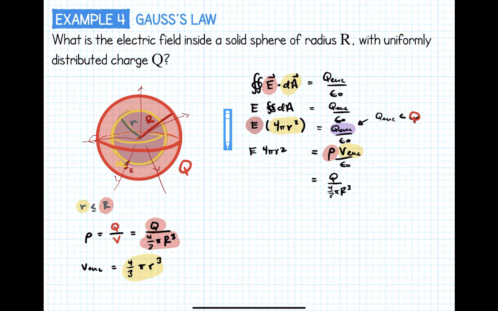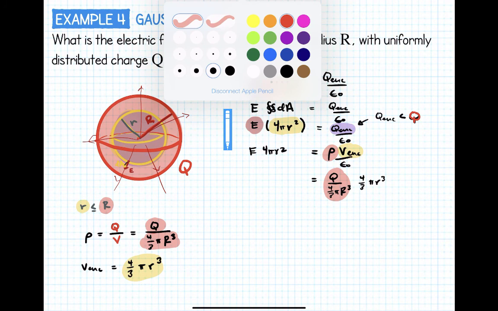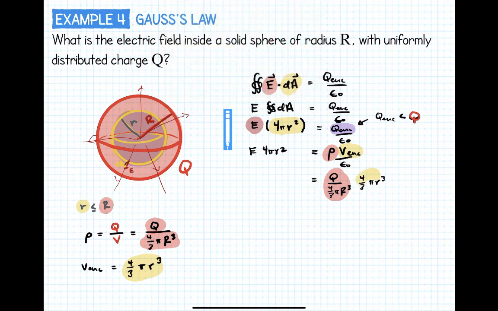And then we multiply that by 4/3 pi little r cubed, because that's the enclosed sphere. So here we have our density from our actual object, and then this is the total volume that's enclosed by the imaginary object.